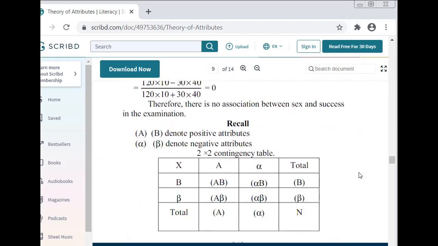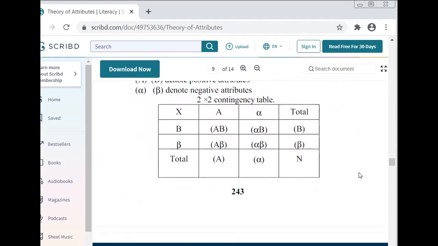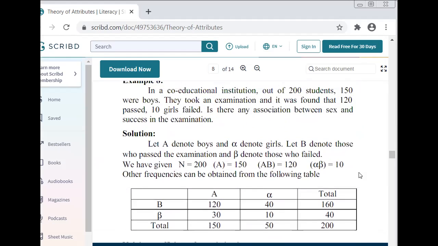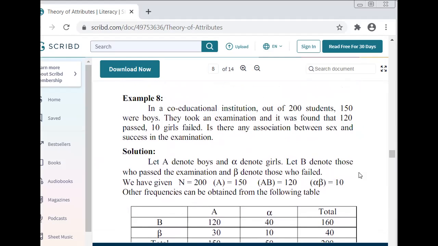So similarly, there is one more problem here, the same method. In a co-educational institution, out of 200 students, 150 were boys. They took an examination and it was found that 120 passed.